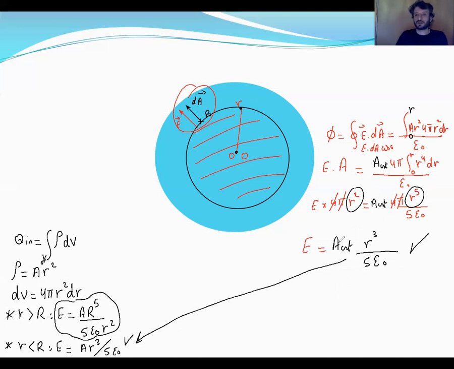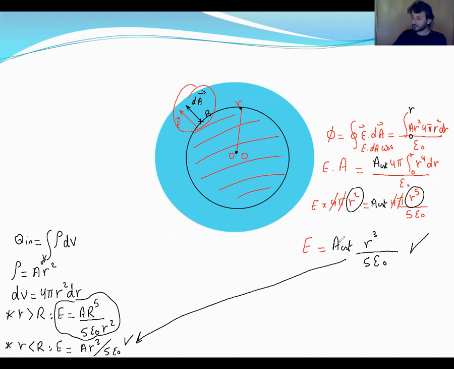It's very important here to know that the sphere is a uniform insulating sphere, so you must have a volume charge density. Imagine you have a metallic sphere. In this case, we don't have a charge inside. We have a charge only on the external surface of the object.